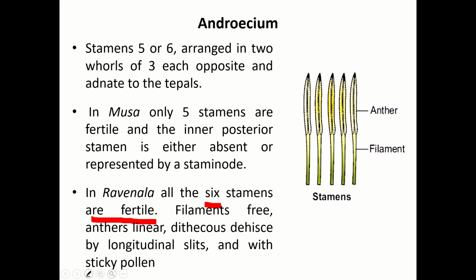Usually 5 fertile, 1 posterior stamen is absent or a staminode. See, in Musa, only 5 stamens are fertile and the inner posterior stamen is either absent or represented by a staminode.